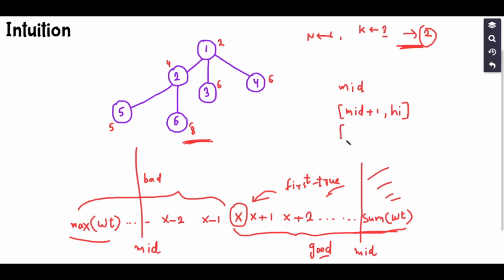So in this case the search space is reduced to low to mid minus 1, where mid can be my potential answer. In this fashion I will keep reducing the search space until the search space contains exactly one element, and that element has to be this x. Fine.